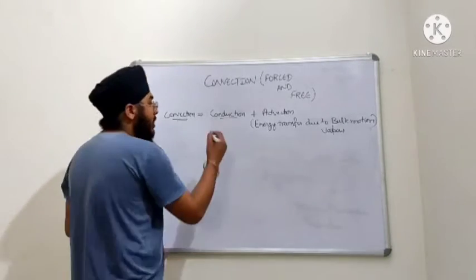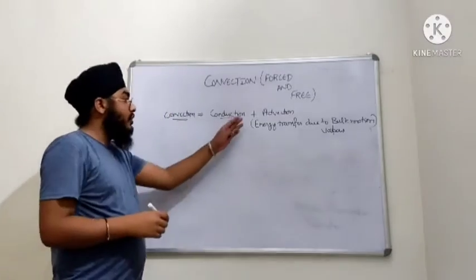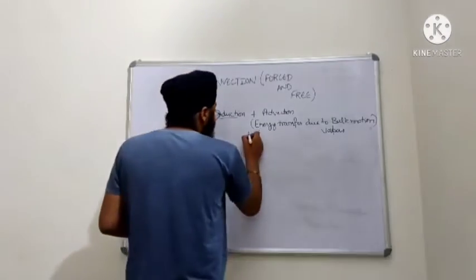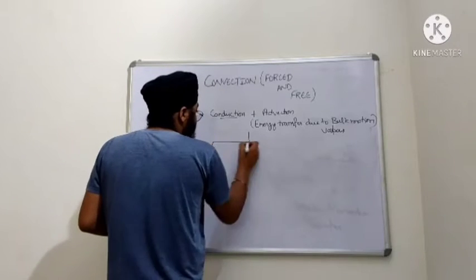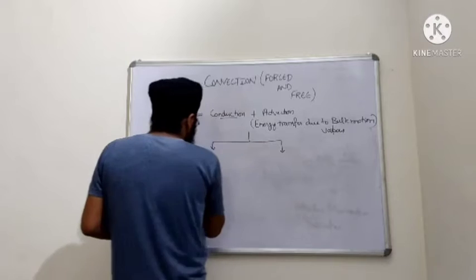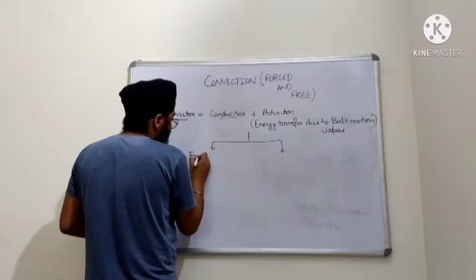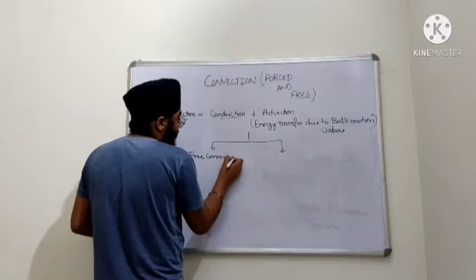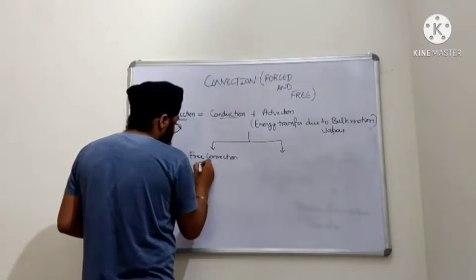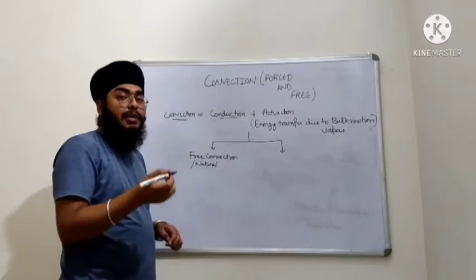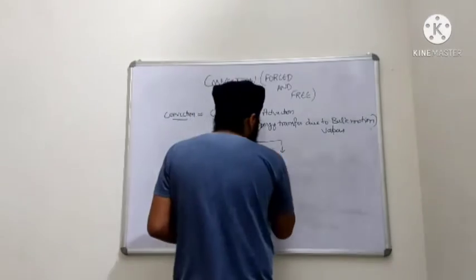Now, because of the bulk motion, we can classify the convection process into two major parts. On the basis of bulk motion, there is free convection or natural convection, and the second part is forced convection.